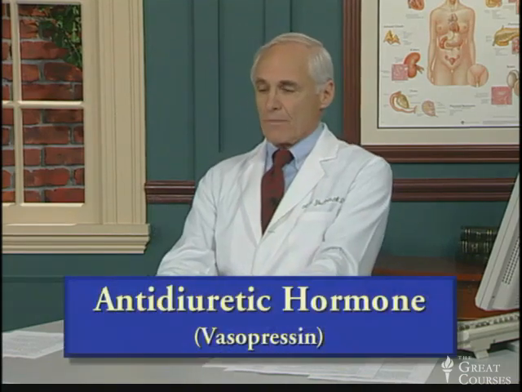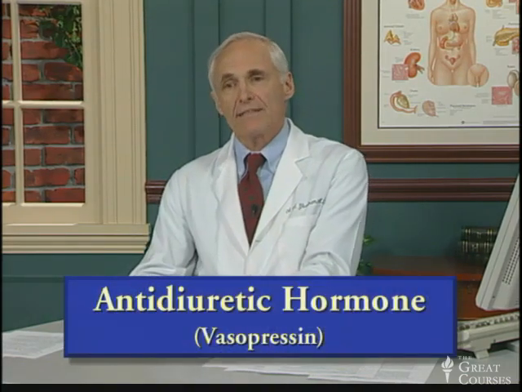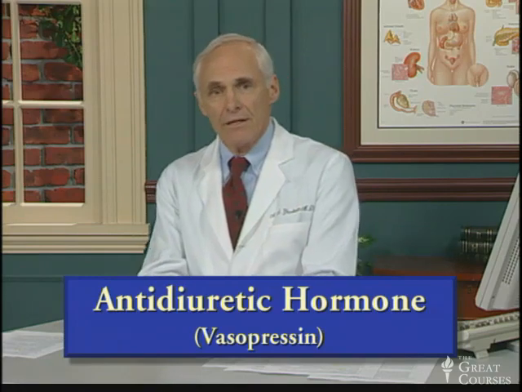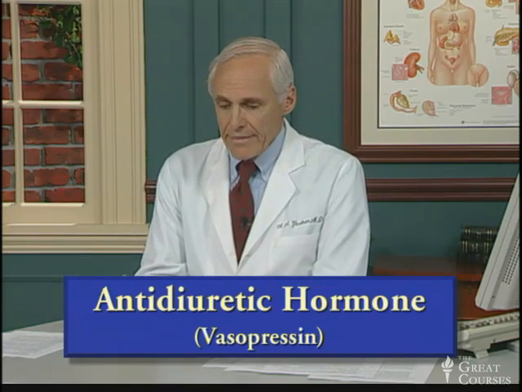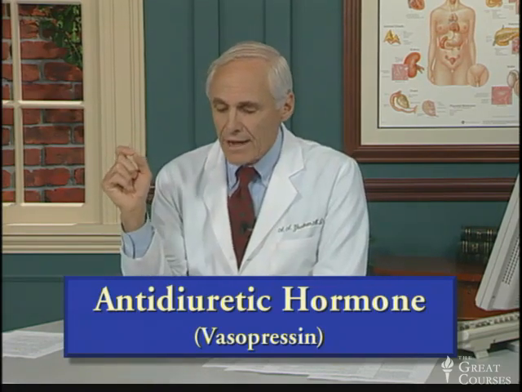There's another one in the neurohypophysis called antidiuretic hormone, also called vasopressin, because it raises blood pressure. This hormone works by acting on the kidney, on the transport system of the kidney, which we'll get to later, and it decreases urine production. It makes the kidney keep water instead of getting rid of it at the rate the kidney would have gotten rid of it.